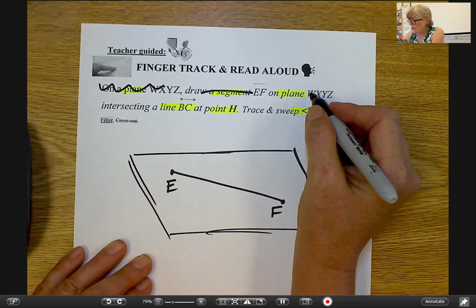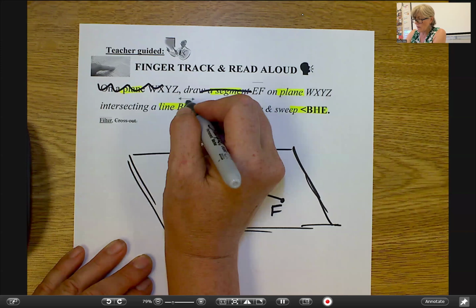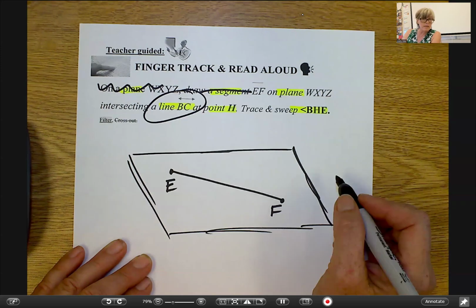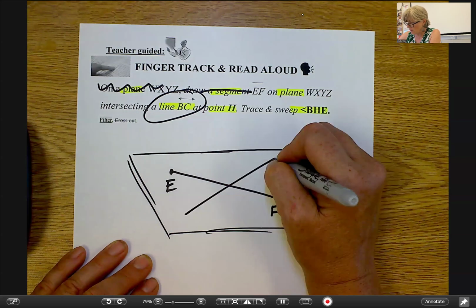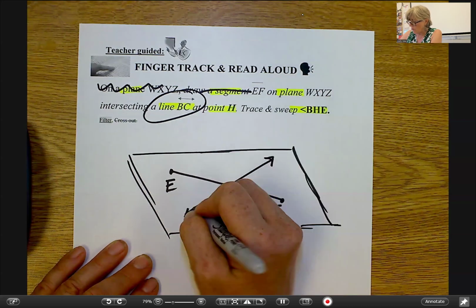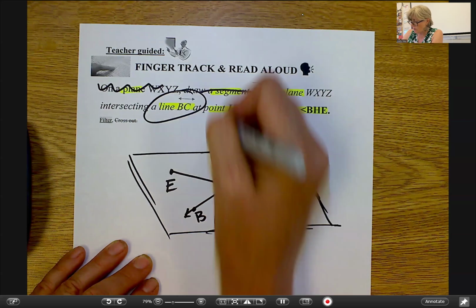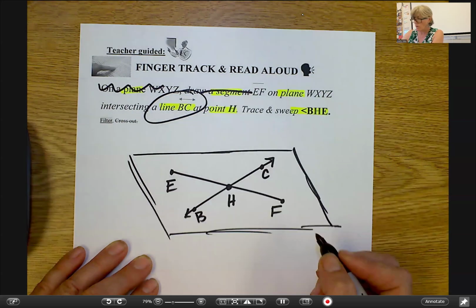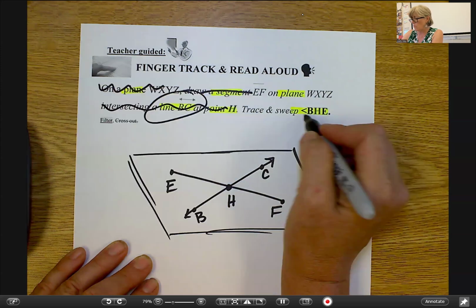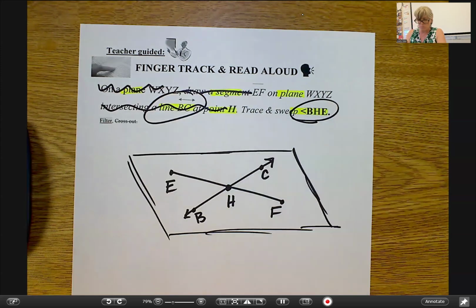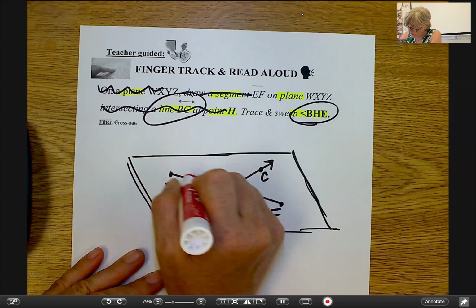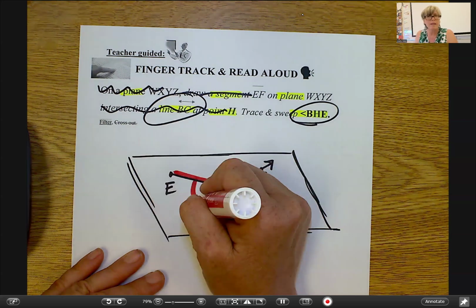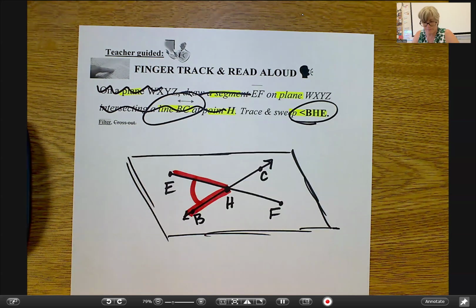And you're going to intersect a line BC at point H. So we have a line, capital B, capital C. They're intersecting at H. Trace and sweep BHE. So this is what BHE would be. BHE, trace and sweep. Ta-da! There's an angle.